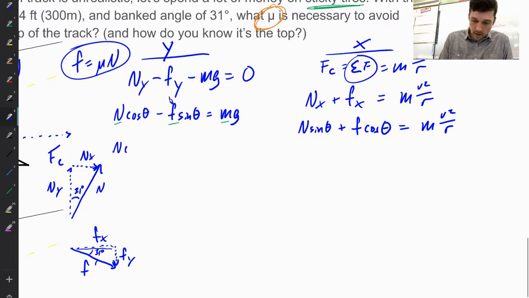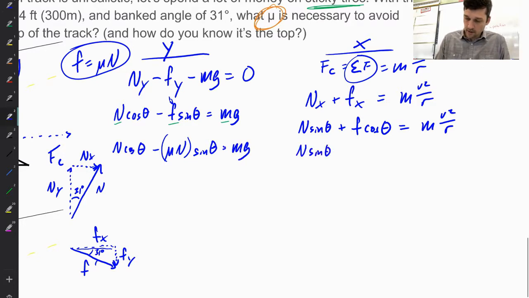So we've got N cos theta minus mu N sine theta equals mg. And in the x direction, we've got N sine theta plus mu N cos theta equals mv squared over r.